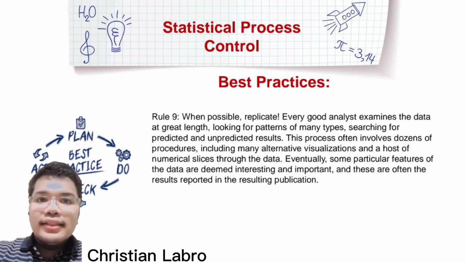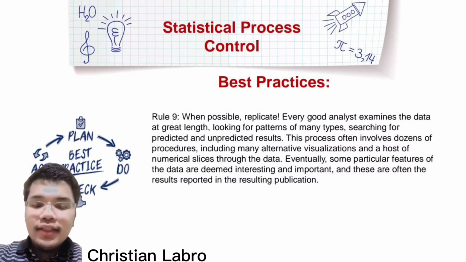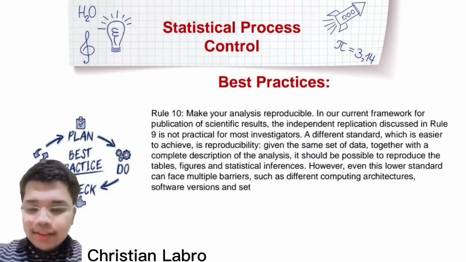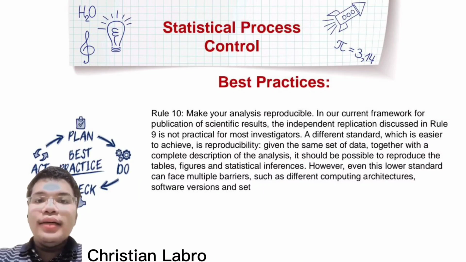Very good analysis examines the data carefully, looking for patterns of any type, of predicted and unpredicted results. Number 10, make your analysis reproducible in our current framework for publication of scientific results.